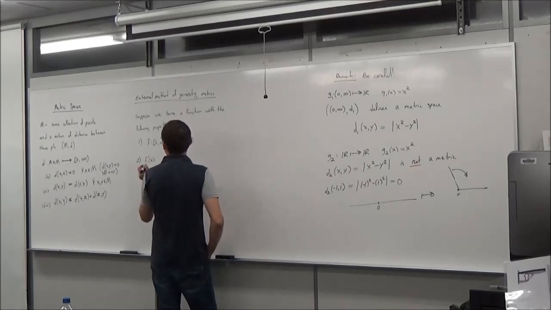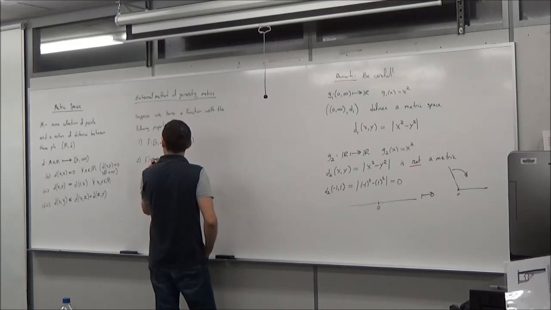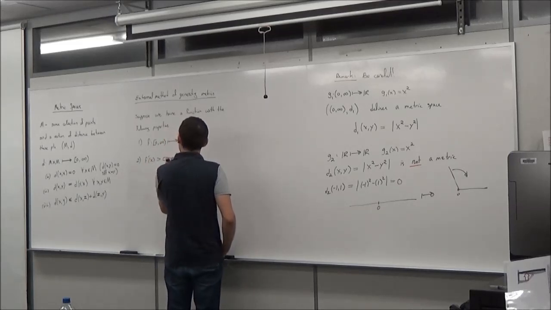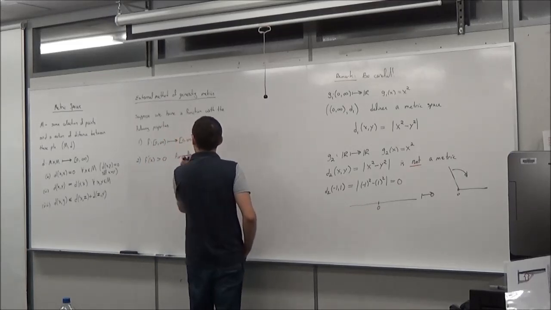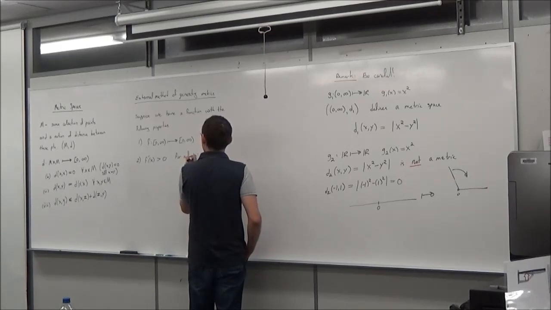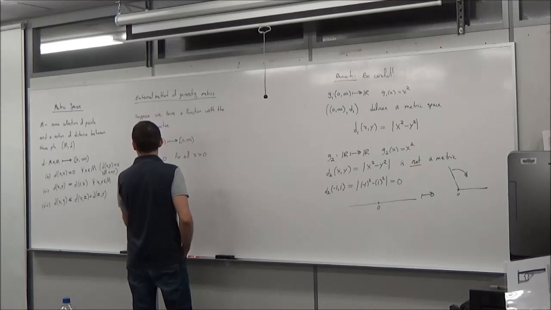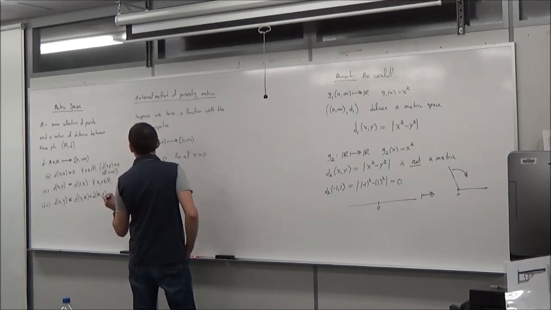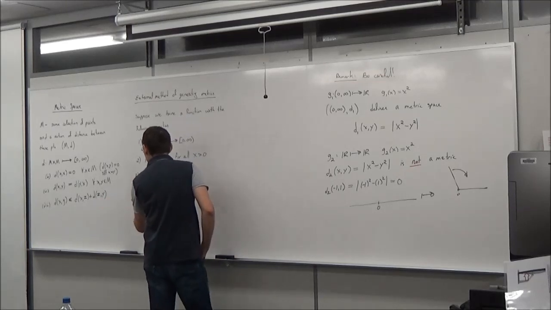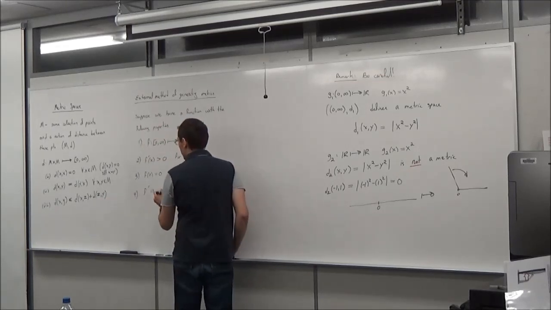So the derivative is positive for all x bigger than 0. The third condition is that f of 0 is 0. The fourth condition is f prime is a decreasing function.